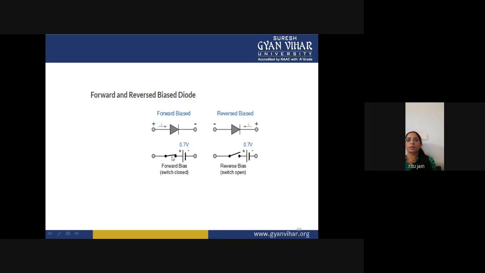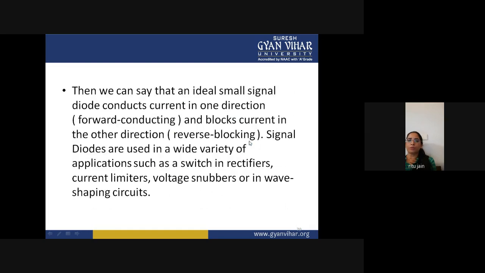Now let's talk about reverse biasing. In the reverse biasing condition, the diode is behaving like an open switch, because the positive terminal of the diode is connected to the negative terminal of the battery, and the negative terminal of the diode is connected to the positive terminal of the battery.